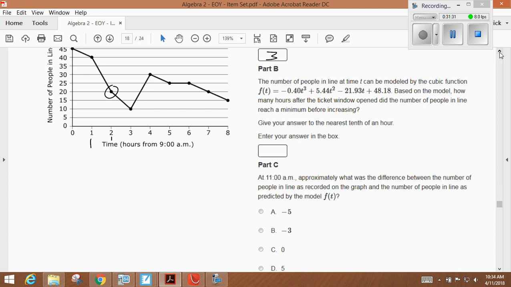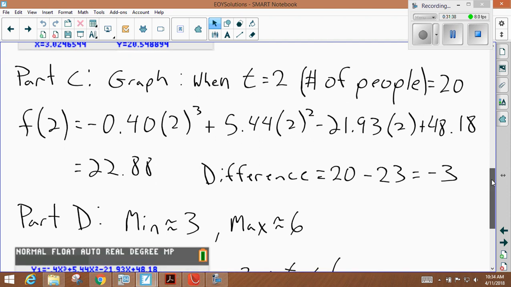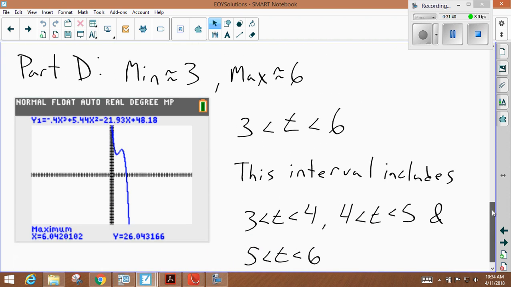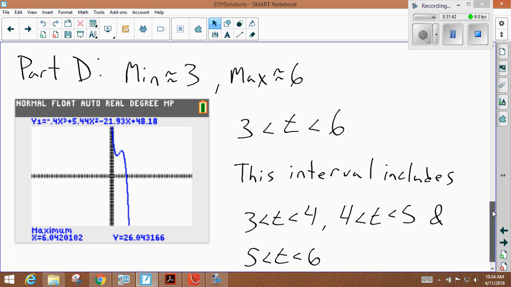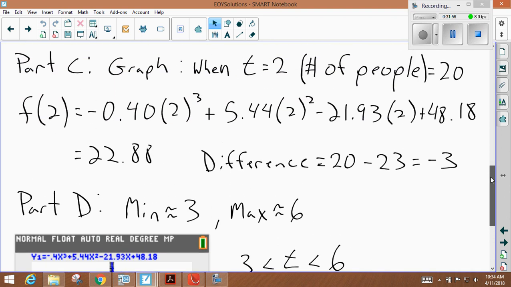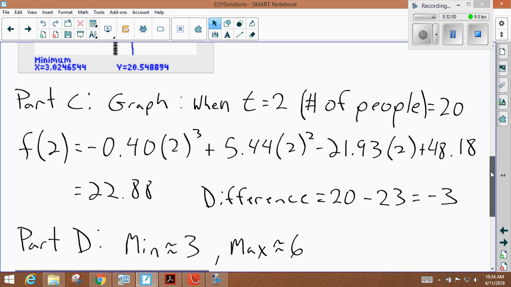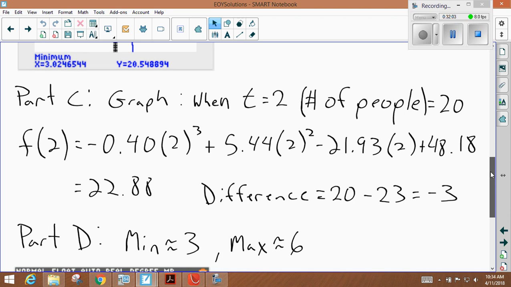So in order to find that on your graph, you can go to your graph and hit trace, and then just hit the number 2. Enter, and it will spit out... I apologize, I was looking at part D. Going ahead.